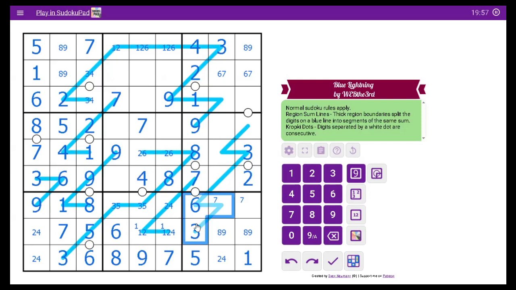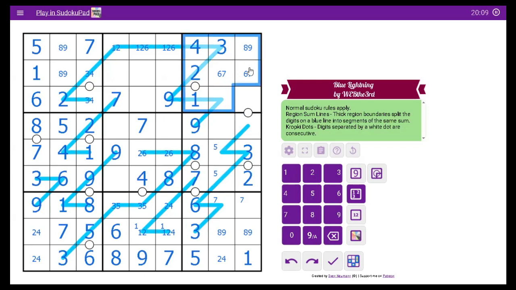Okay, I could start to think about this sum, but I'm just going to do Sudoku because why not? 5's in one of two positions, which means in this box, the 5 is definitely there. So it's consecutive, but this is either a 4 or a 6.